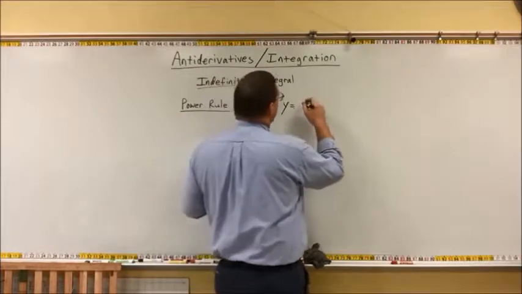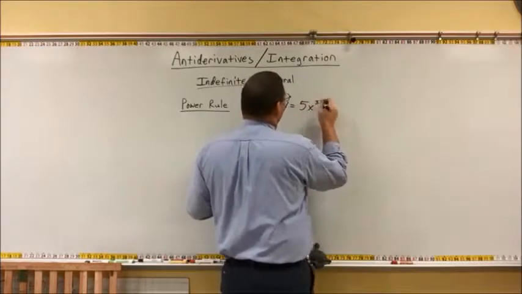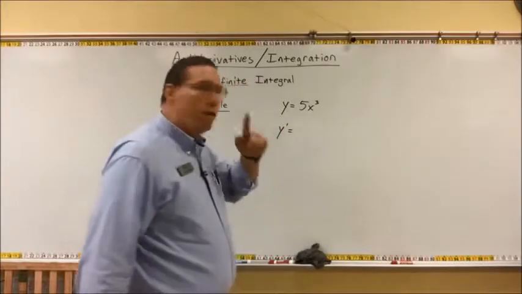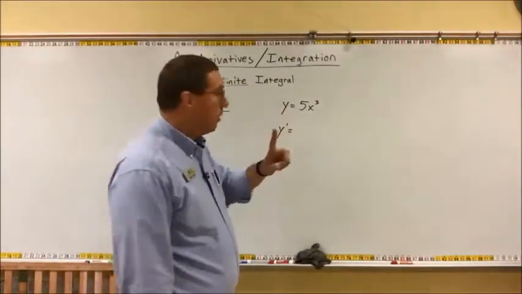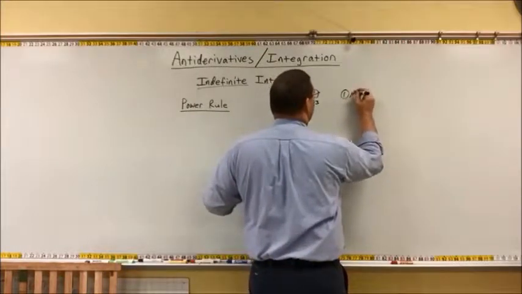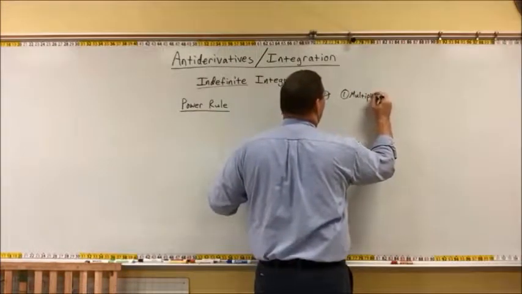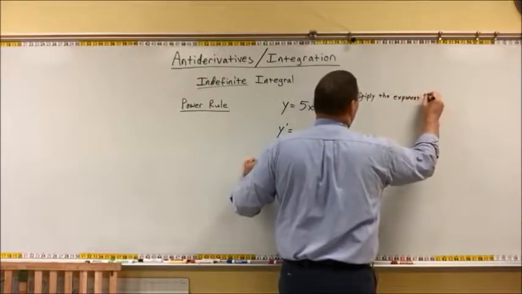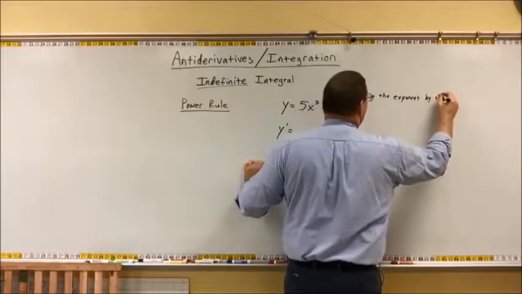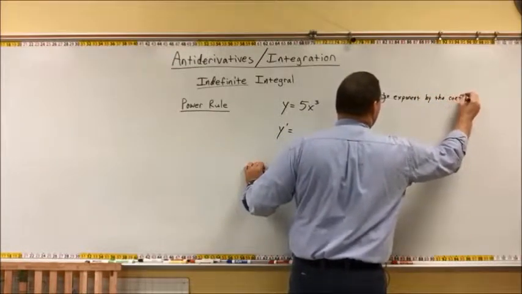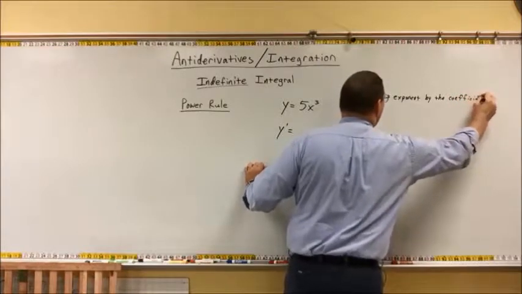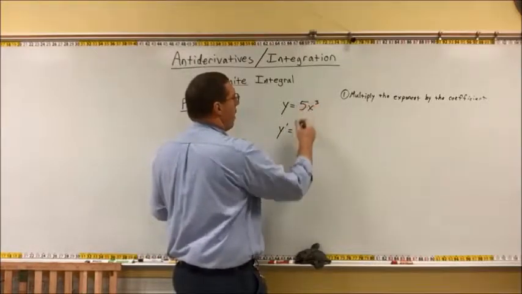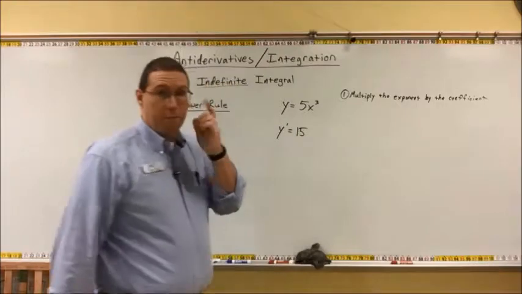If we had y is equal to 5x to the third power, and we wanted the derivative, y prime, we would first multiply, so step one would be multiply the exponent by the coefficient. That's step one. The coefficient is 5, the exponent is 3. 3 times 5 is 15. Right? That's the first step.